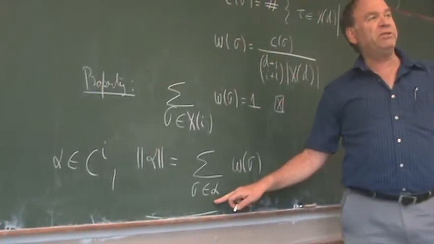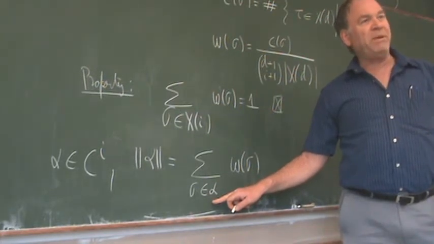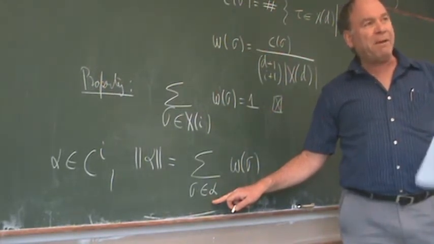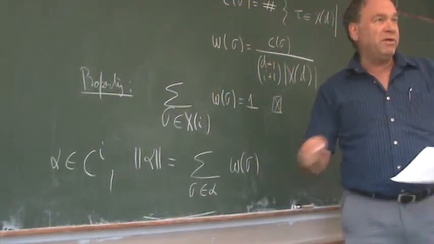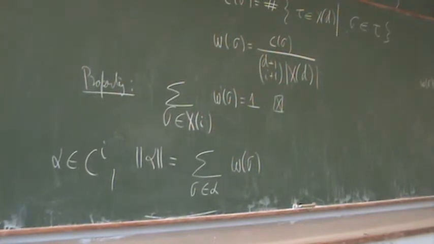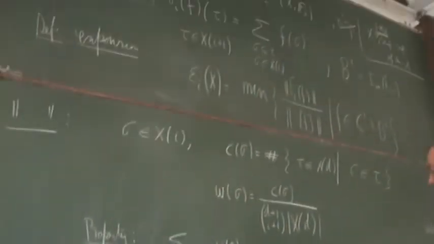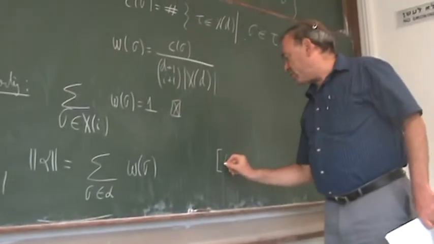It's a function on i cells, but I can think of it as a subset of i cells. The function just gets values 0 and 1, so I can think of it as a characteristic function of some set. So it will be convenient to identify and to think about such an alpha as a subset of cells. And now what is the coset of alpha?